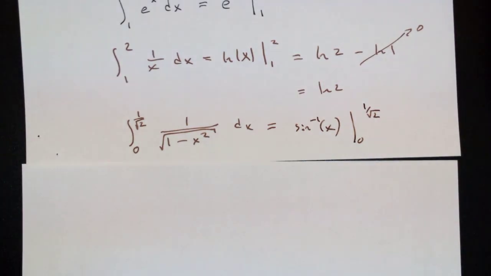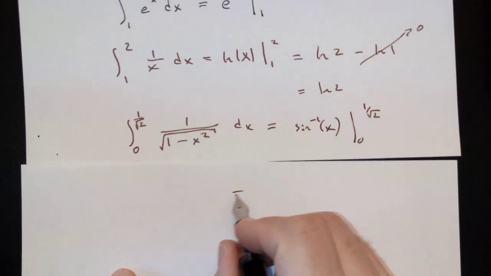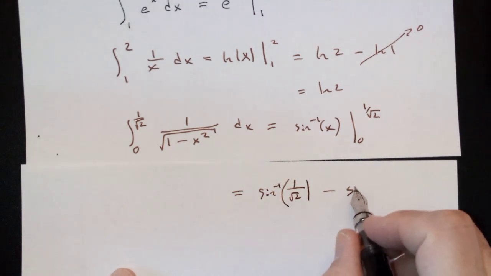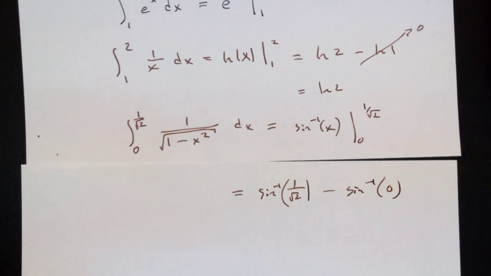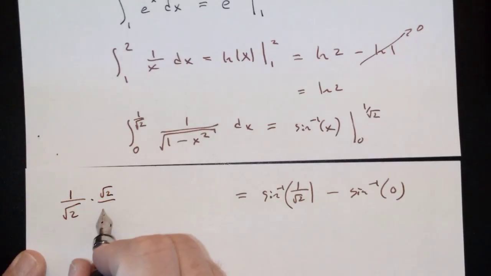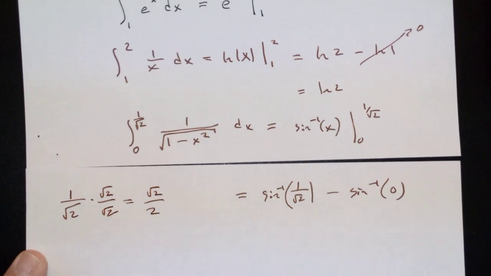And now we come to the hard part. What are those sine inverses? All right, wait a minute. That's sine inverse of 1 over root 2 minus sine inverse of 0. I want an angle whose sine is 1 over root 2. If I rationalize the denominator, that's the same as root 2 over 2.